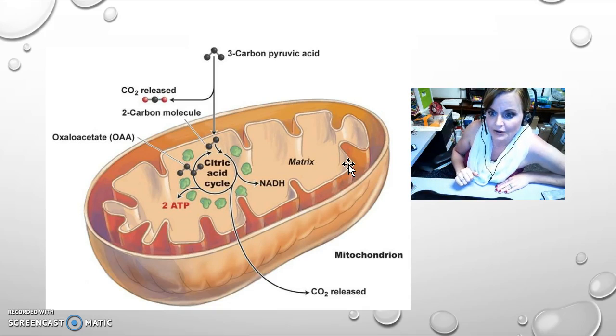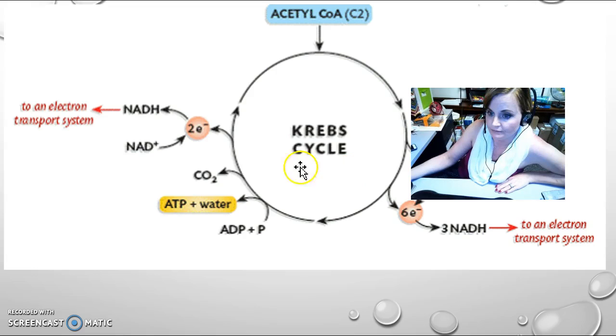Basically, what's happening here is you're making a couple ATP, you're making some carbon dioxide, which is then released, breathing that stuff out, and you're also making an energy carrier molecule called NADH, which is then being transferred to a different part of the mitochondria.